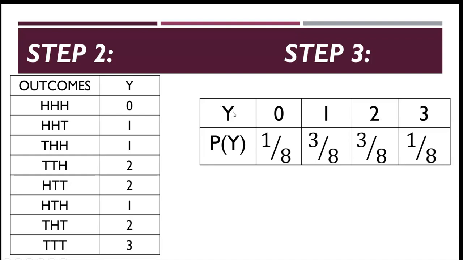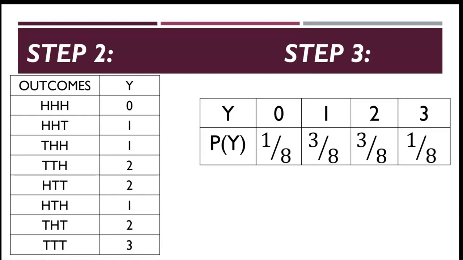Now for step 3, we construct the probability distribution of the random variable y. Now remember from step 2, we know that the values of the random variable y range from 0, 1, 2, and 3. Now for the probability of the random variable y, we count the total number of outcomes and it's 8.